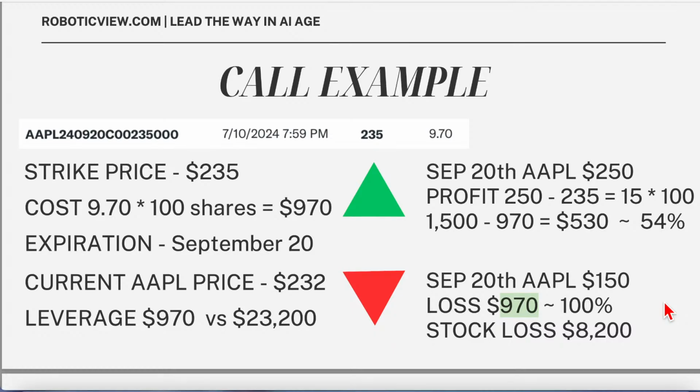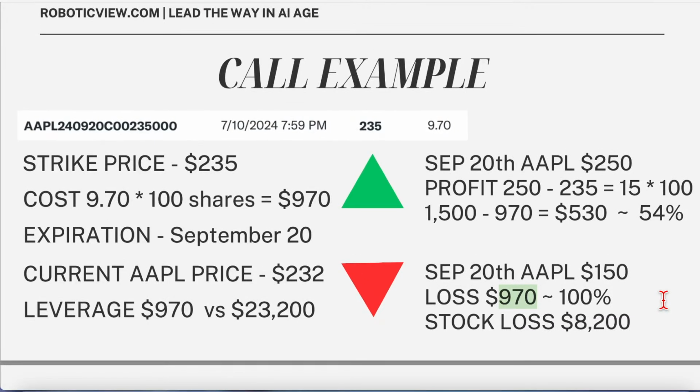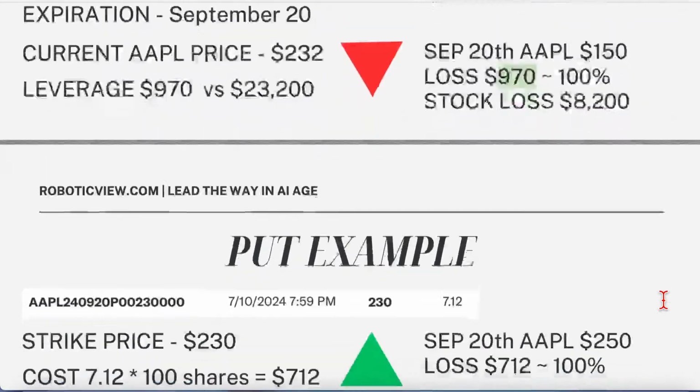And again, if you just joined us, I'm just trying to explain the basics of how to use options, okay? Because obviously our goal is not just to buy a call or just to buy a put, although sometimes that might be a good strategy if you know where the stock is moving, but our goal is to learn advanced strategies.